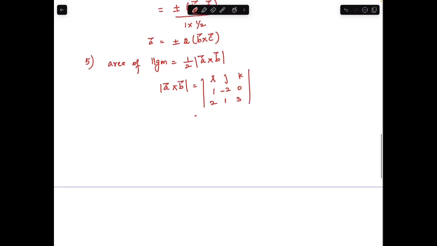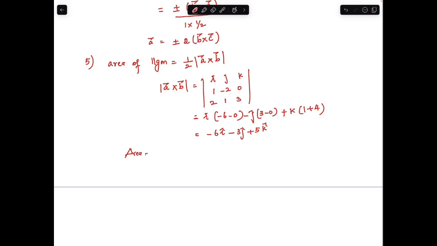we get I times minus 6 minus 0 minus J times 3 minus 0 plus K times 1 plus 4. That is minus 6I minus 3J plus 5K.